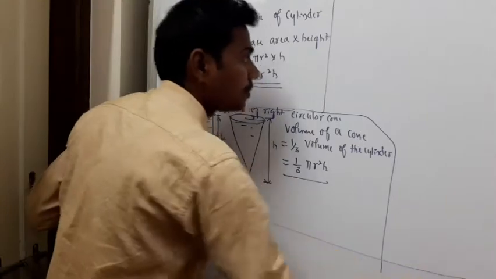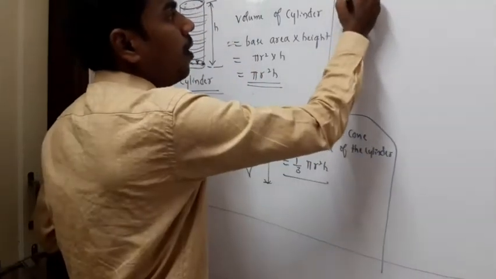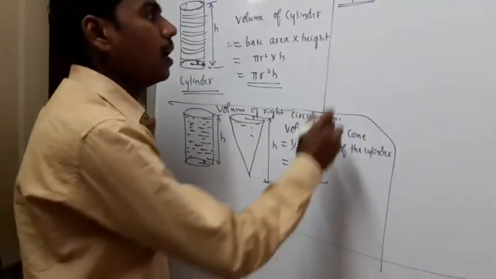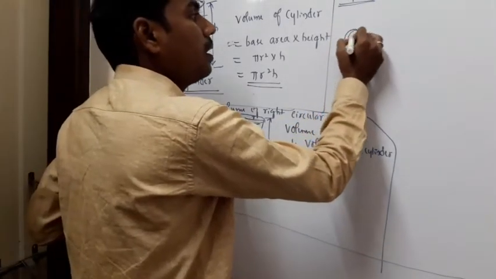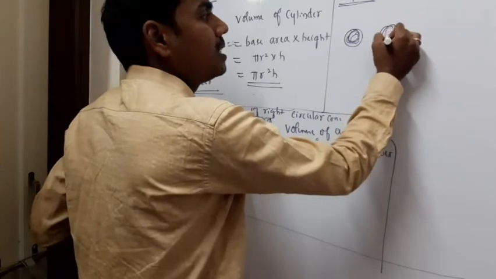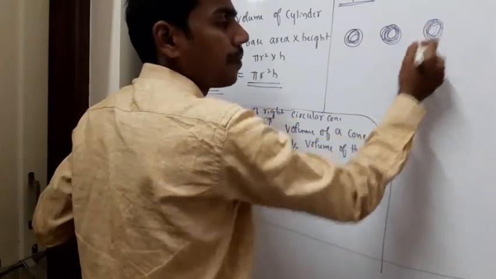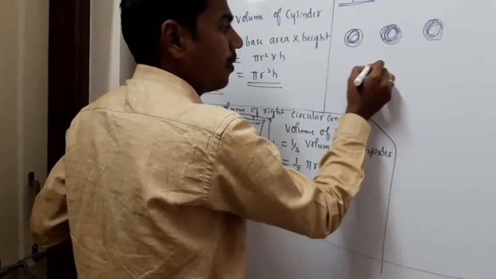Next, after this, sphere. For the sphere, one more activity we need to do. What is that? Take 3 spherical balls of different sizes. Take one trough.